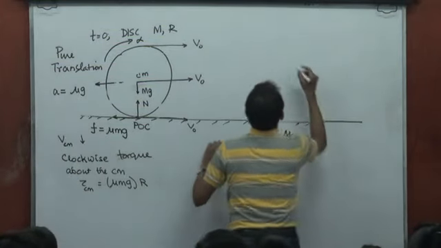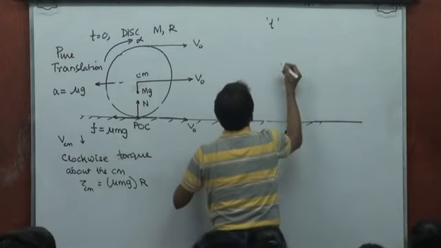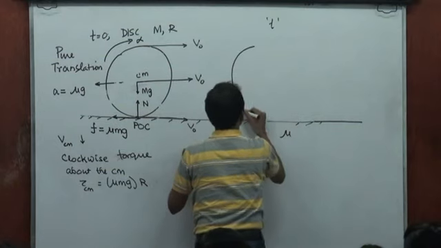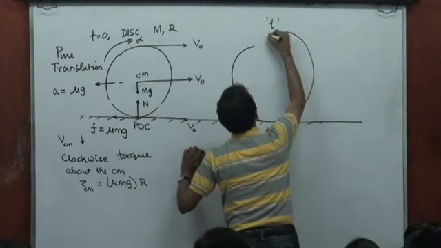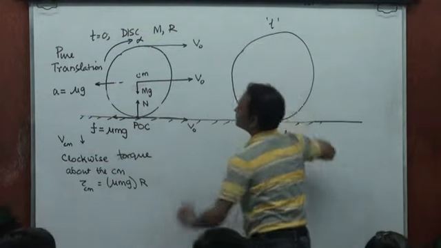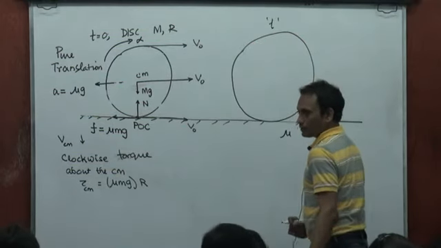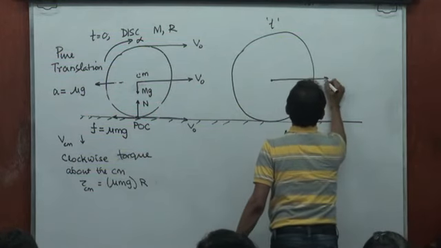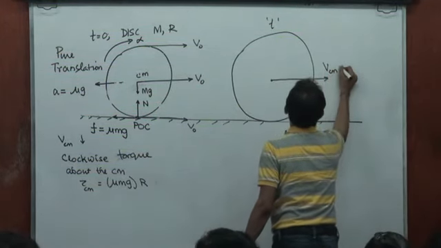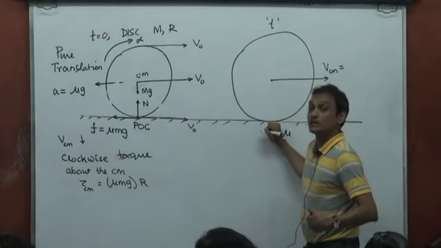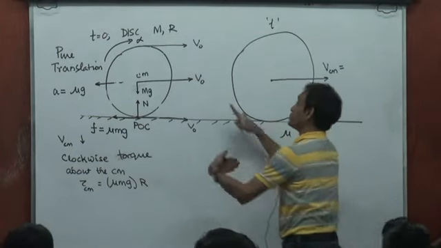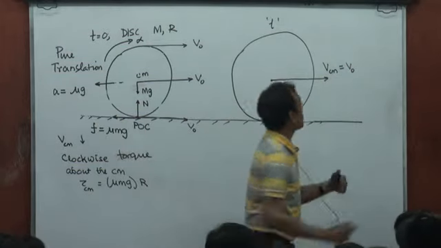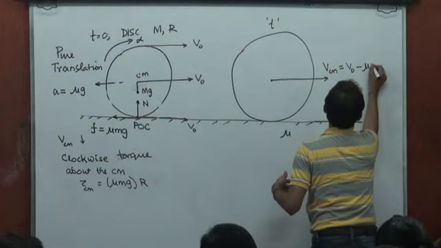Now, t seconds later, there would be a velocity of the center of mass obtained by v equal to u plus at, with initial velocity v naught and retardation mu g, so v equals v naught minus mu g into t.